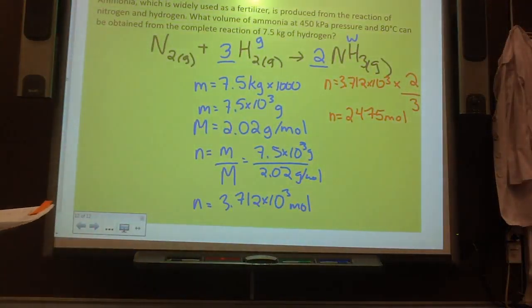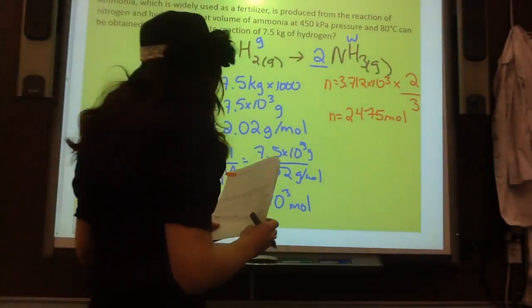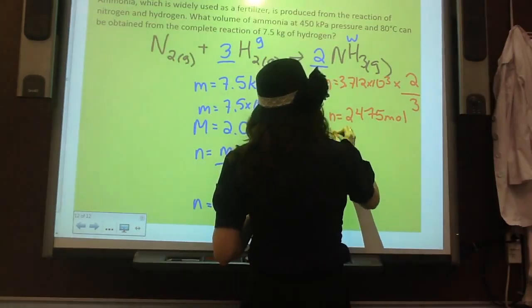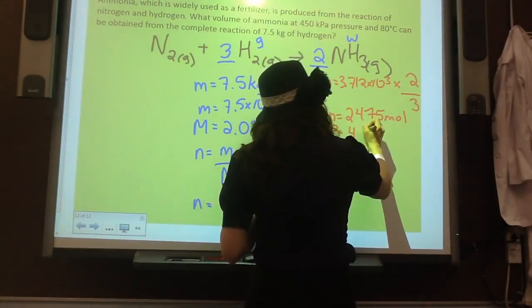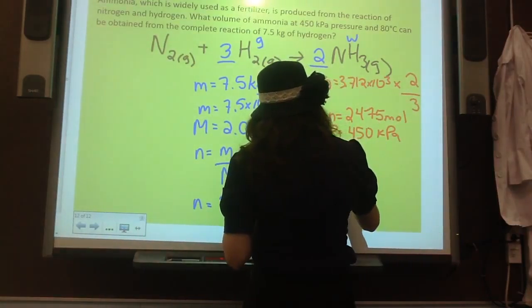But we don't have SATP or STP, so we need to write down our volume, pressure, temperature, and solvent. So my P is 450 kilopascals, which I can leave as kilopascals.